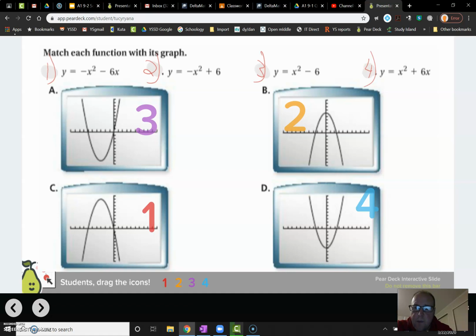Problem is, at number 4 we have the same thing. -b over 2a also goes to the left. So those two things aren't going to help out too much. Oh my goodness, I dropped the wrong numbers in there, didn't I? So this is 4, and this one's 3. I was so worried about the numbers up here that I didn't bother looking at the numbers that I had dragging around there.